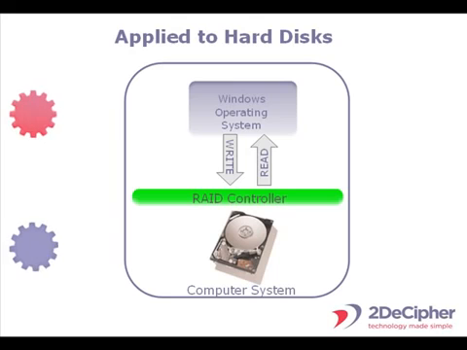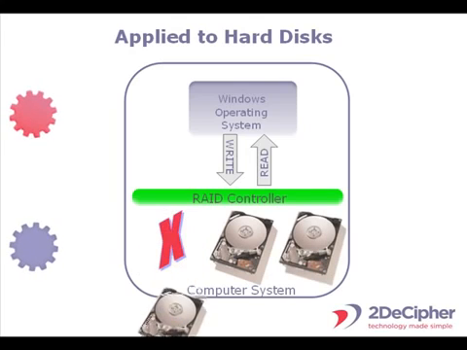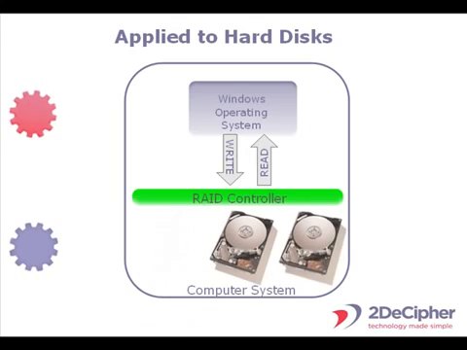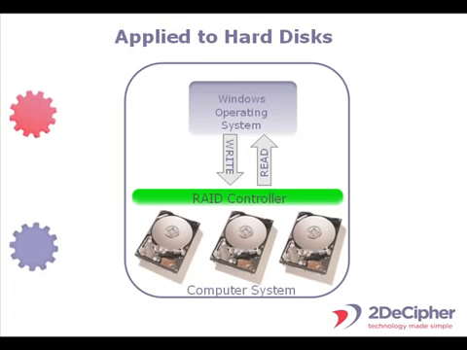However, Windows only gets a simulated view of them via the controller. It sees just one big disk. Behind the controller, disks can be added on the fly, and disks can even fail and get replaced, and Windows is none the wiser. Selling servers without considering RAID as an option could be doing your customers a disservice. Equally, if you are not discussing virtualization with your customers, you may be doing yourself a disservice.